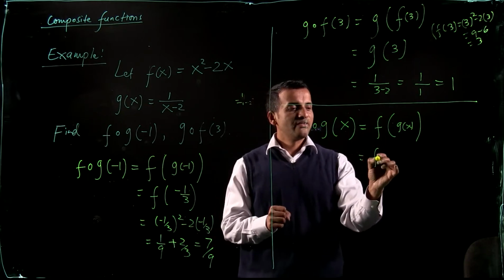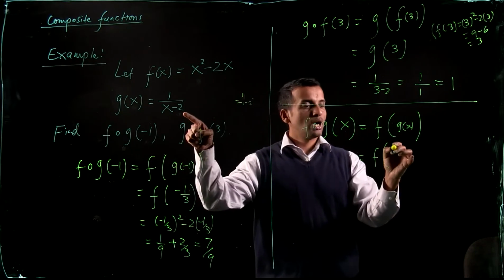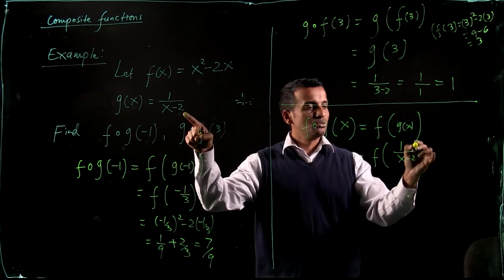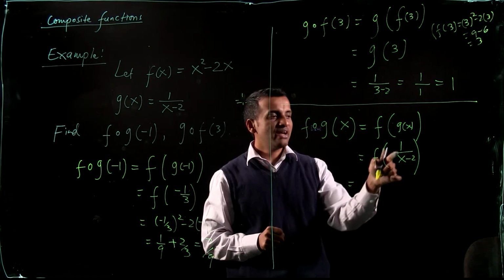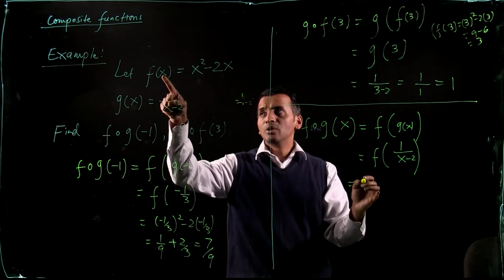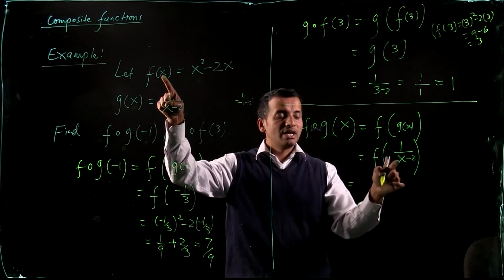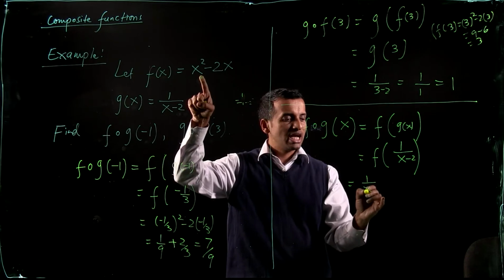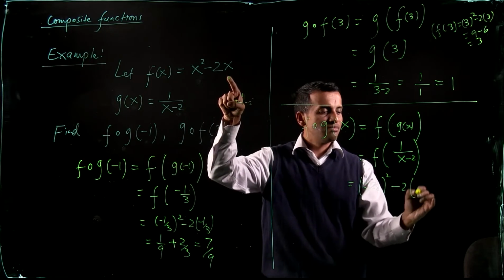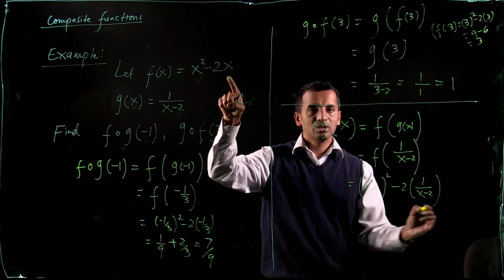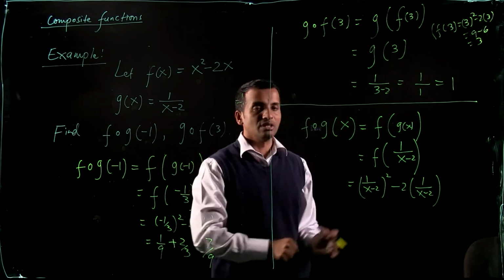So what is g of x? g of x is 1 over x minus 2. Now you want to find f at 1 over x minus 2. So replace x by 1 over x minus 2. You'll get 1 over x minus 2 whole squared, and then minus 2 times 1 over x minus 2.